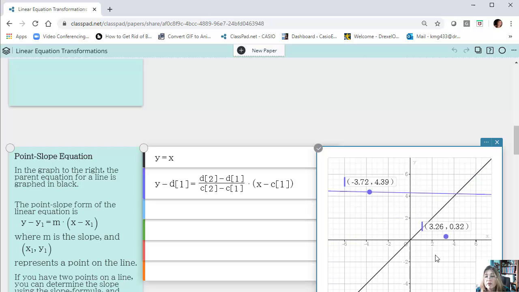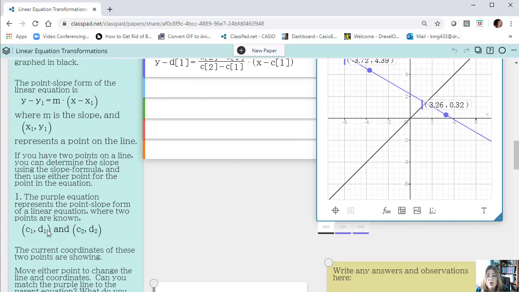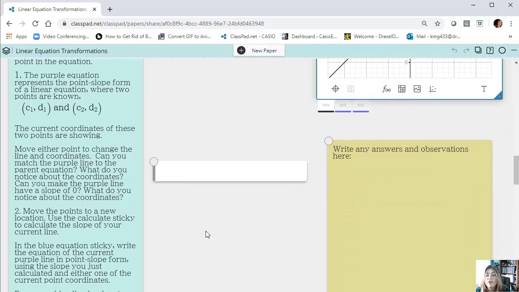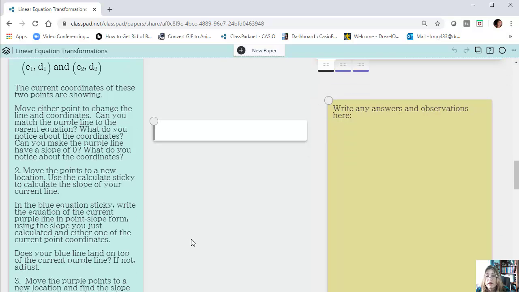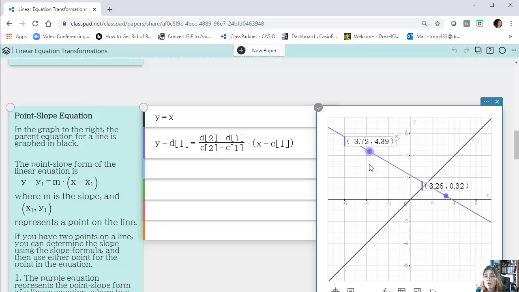And what they're going to basically explore is, okay, so here's this line. How do I use those two coordinates, those 2 points, to help me find the slope and to find an equation? So they're going to explore, for example, if I lined it up exactly on the parent function, what do I notice about the coordinates?